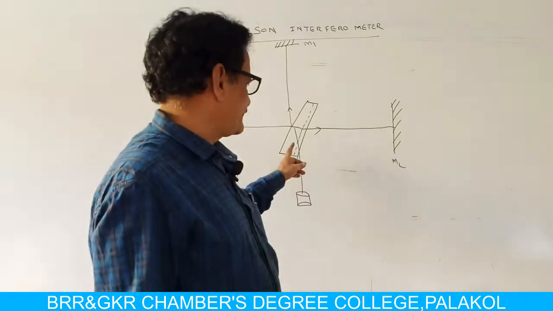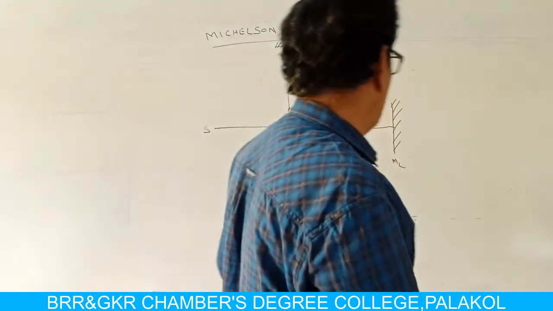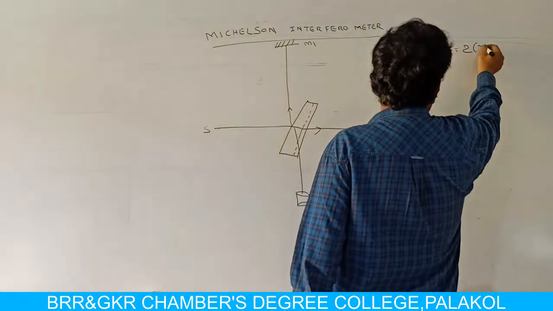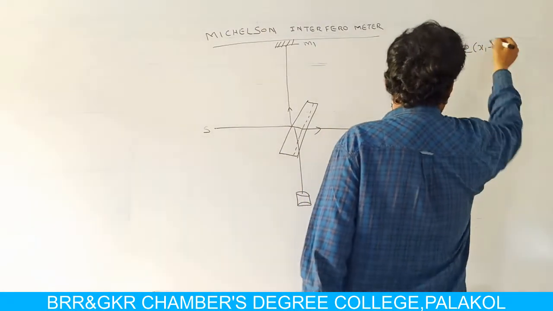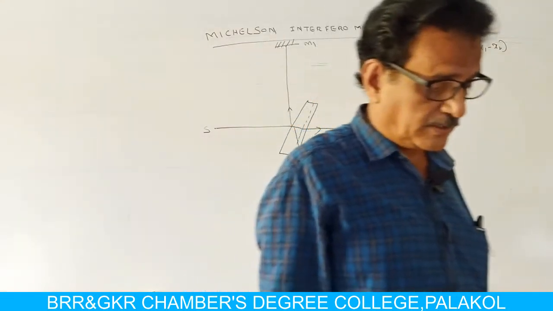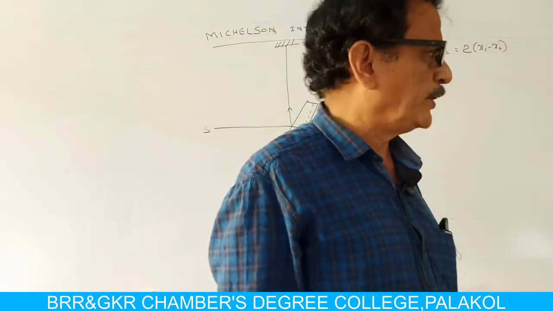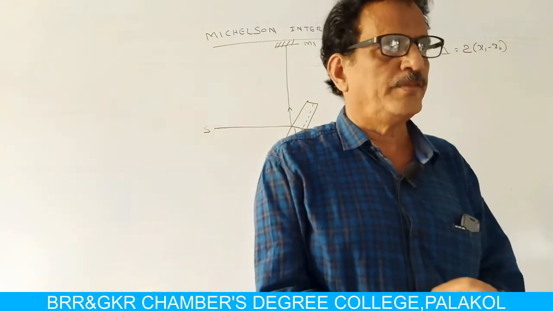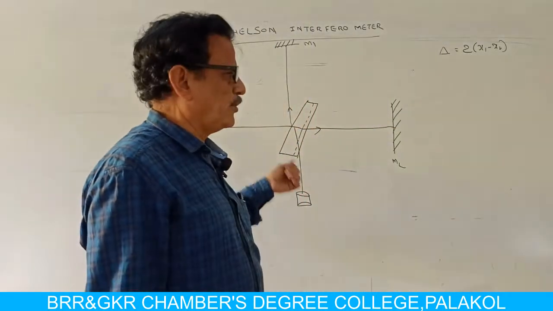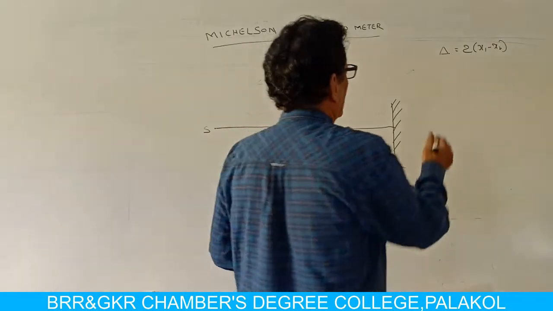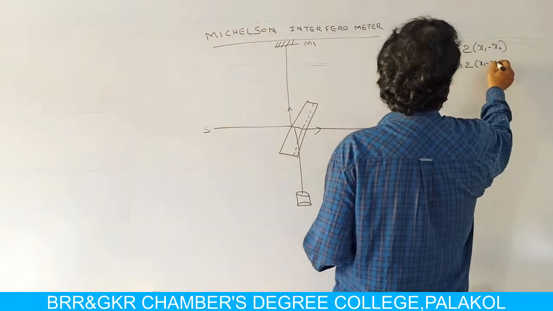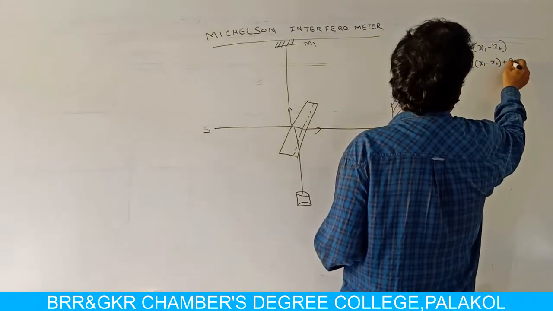The path difference between the longitudinal ray and the transverse ray is given by delta equal to 2(x1 minus x2) when the glass plate is heavily polished, or if it is lightly polished, then delta is equal to 2(x1 minus x2) plus lambda by 2.